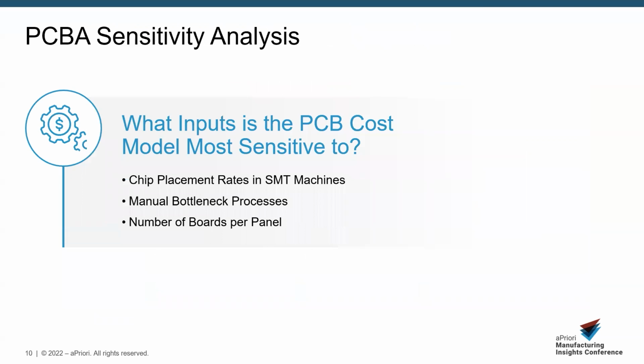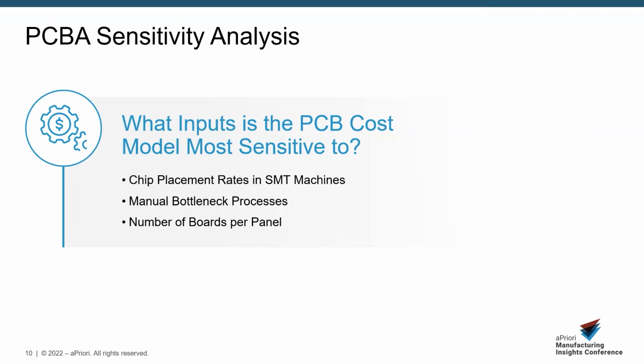So what are the inputs that the PCBA cost model is most sensitive to? We haven't officially conducted a sensitivity analysis, so we haven't done the systematic analysis like we've done for PCB, but I can tell you what I found based on my work with other customers and feedback that I got from other aPriori consultants on what we've seen by experience to be the most impactful.